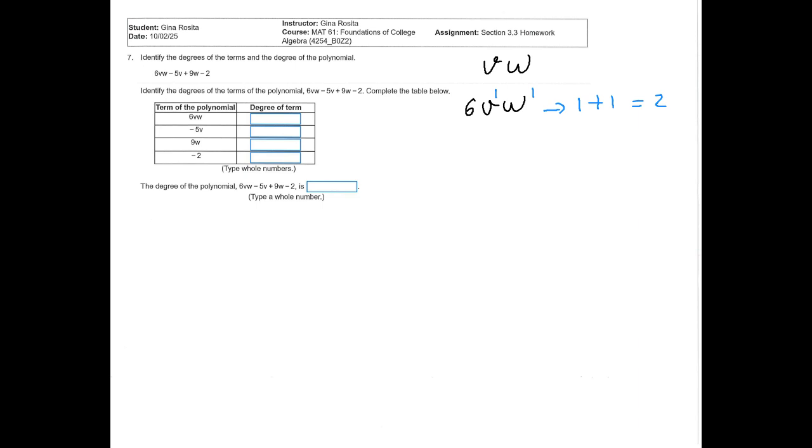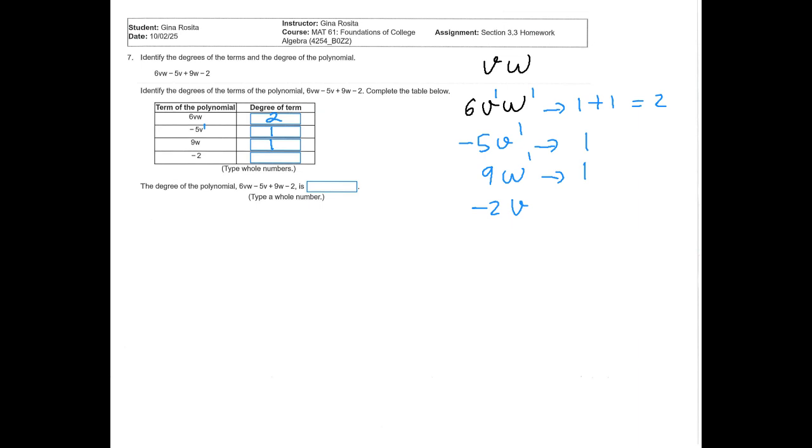Okay, so for 6VW, the degree of the term is 2. Negative 5V, I can put 1 like this. So the degree is 1. 9W, I can put the exponent 1. So the degree is 1. Okay, how about negative 2? So for negative 2, I can put V to the 0 or negative 2W to the 0.